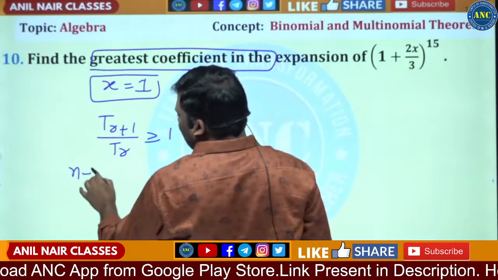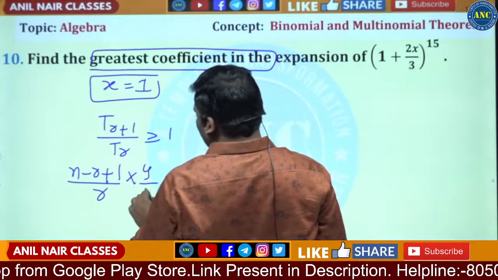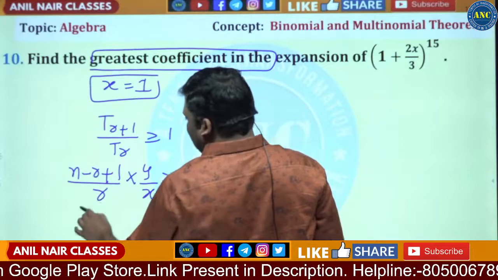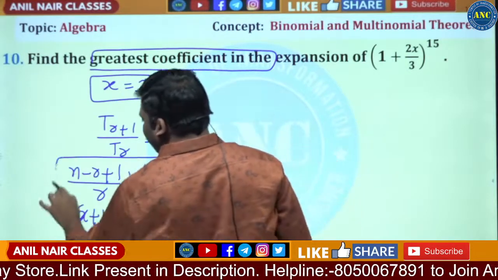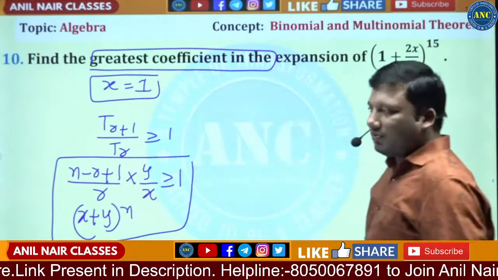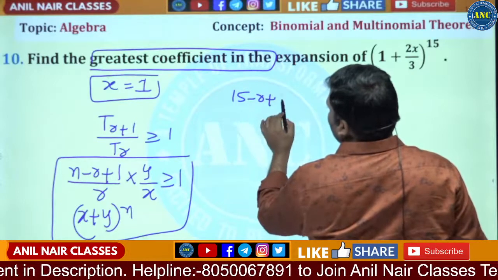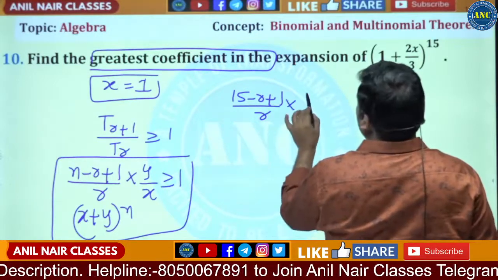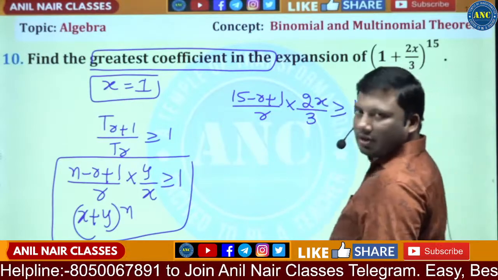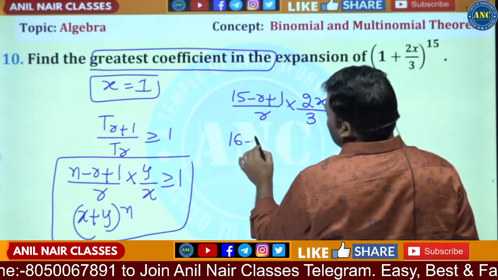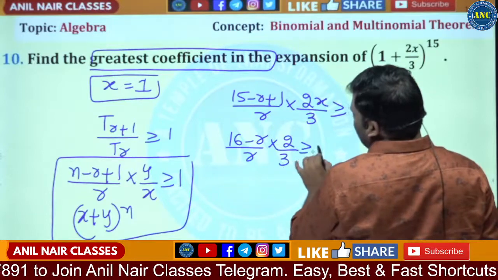T(r+1) by T(r) is (n minus r plus 1) by r into y by x for the expansion (x plus y) power n. Here it is 15 minus r plus 1 by r into 2x by 3, greater than or equivalent to 1. So here it will be (16 minus r) by r into 2 by 3 greater than or equivalent to 1.